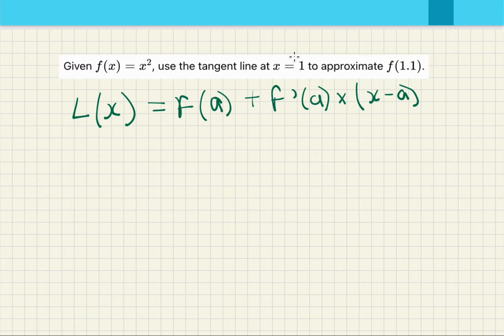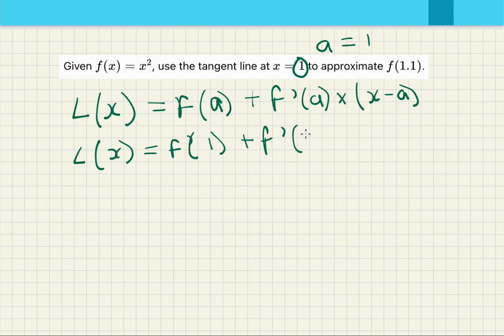Regarding this problem, the value of x at the tangent line is 1, right? That means the value of a is 1. Now we can fill this out and replace a with 1, and we get f prime 1 times x minus 1.